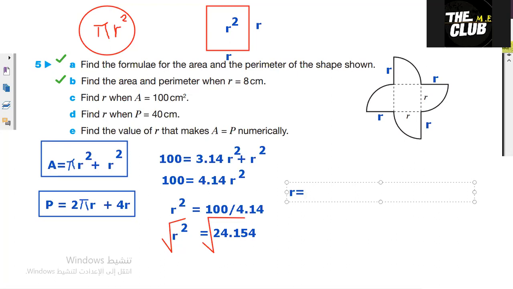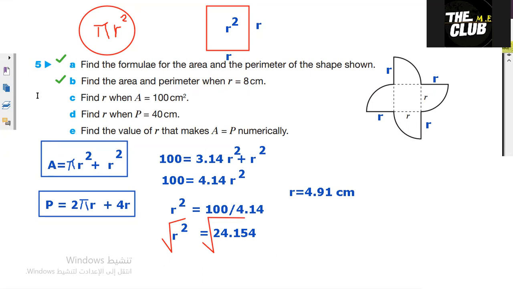I'll put the whole thing under the square root, and the answer is 4.91. And because it's a length, it's going to be in centimeters. So if the area is 100, the radius will be 4.91. And that's the idea for question C.